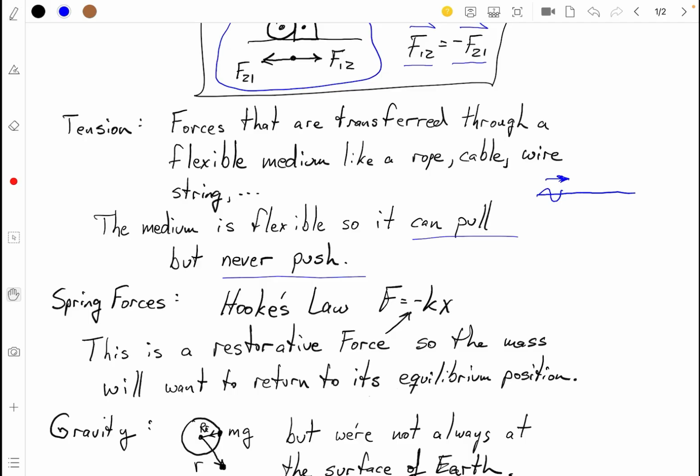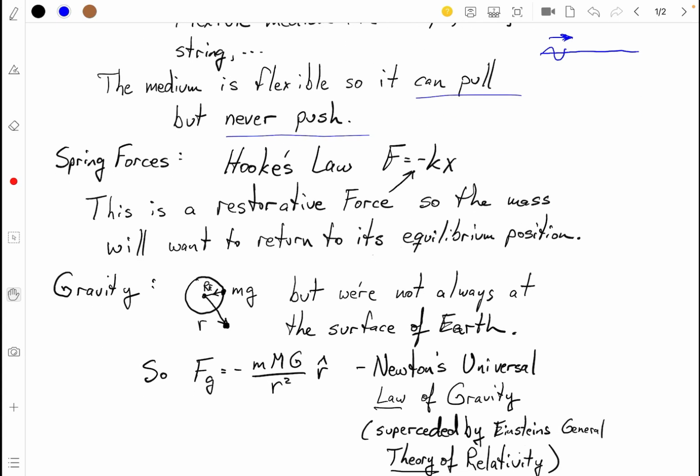Then we have spring forces. Hooke's law. Hooke's law has this F equals minus kx. Now, this is important. The minus sign means that our displacement x opposes our force. So if we're over here with x, our force is going in this direction.